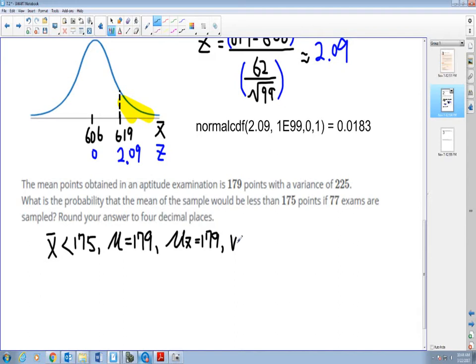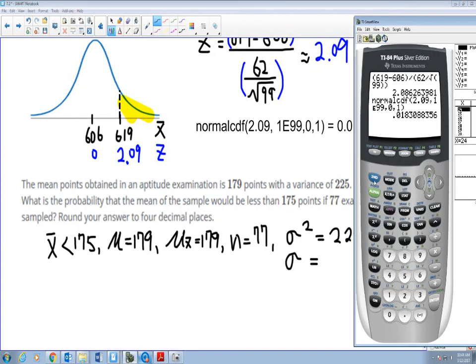My sample size n is 77. Now this time the problem does not give me a population standard deviation. It actually gives me a population variance. So if the variance is 225, that means the standard deviation of the population has got to be the square root of 225, which is 15.